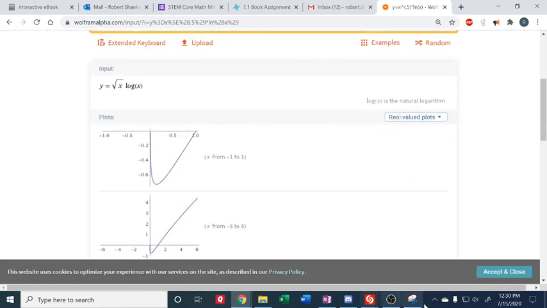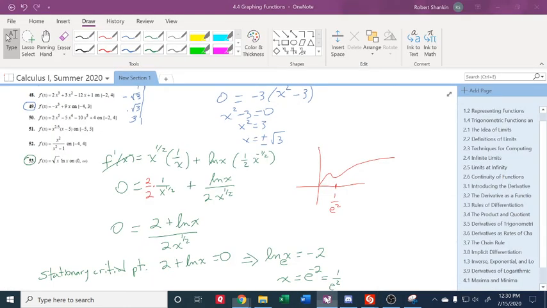So my graph here, I should modify that a little bit. The graph comes down and then up, and then it's going to go like this.